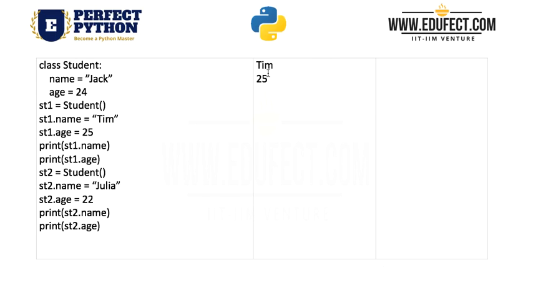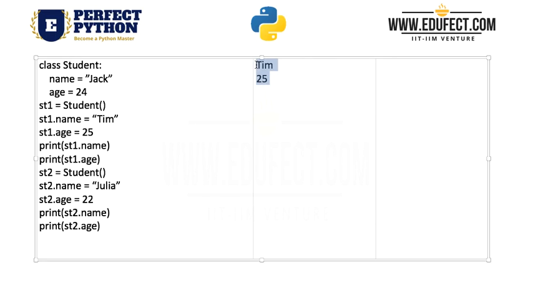Now let's look at another example. We had this output the previous time, Tim and 25, and st1 was an object of the class student, and it had the values Tim, 25. This is what we had last time. Now let's see if we create another student, st2 is equal to student.